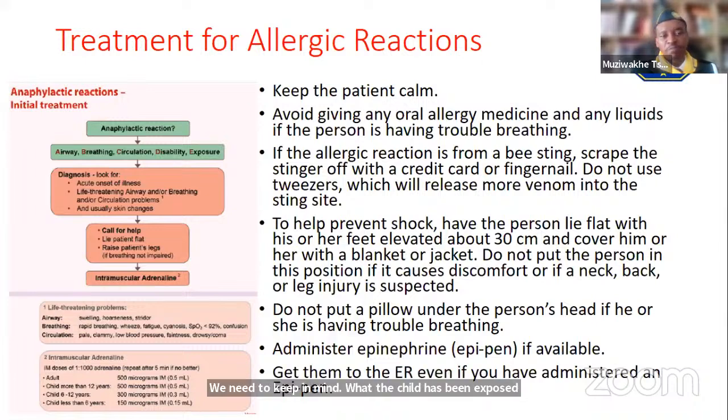And most importantly, call for help and ensure that the child gets appropriate medical care. This epinephrine is very important, leaders, to avoid further shock to the system.